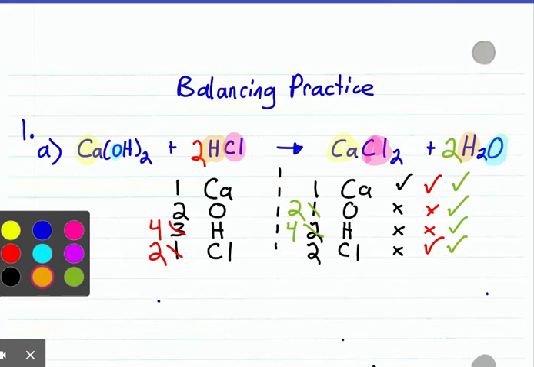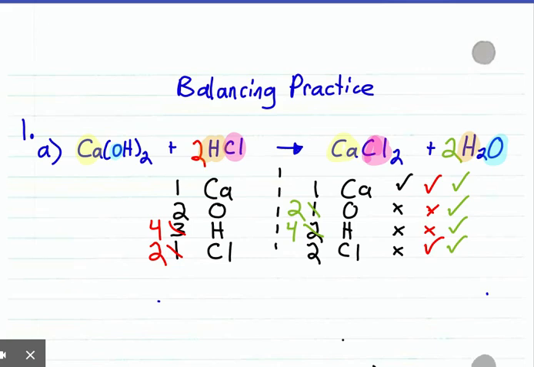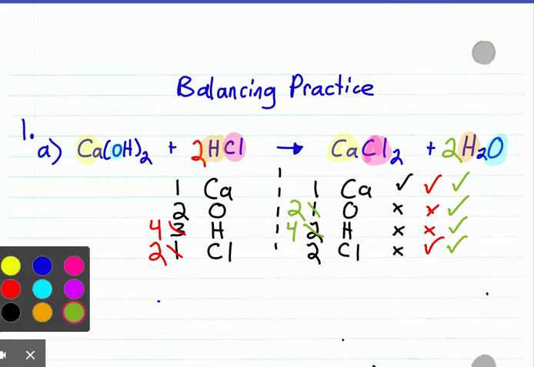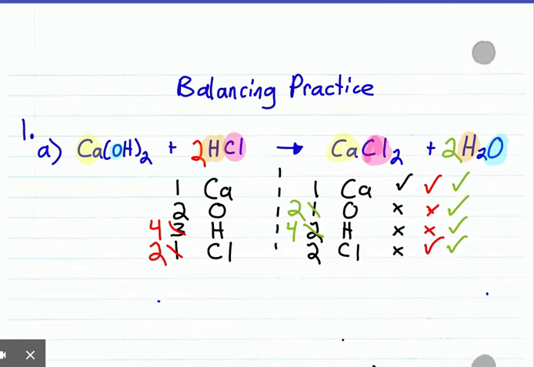Now, this is actually a neutralization reaction, which is a form of double displacement. We didn't talk about that in your notes, but what it looks like is that calcium and the hydrogen in HCl are switching places. And so that means that this is a double displacement.